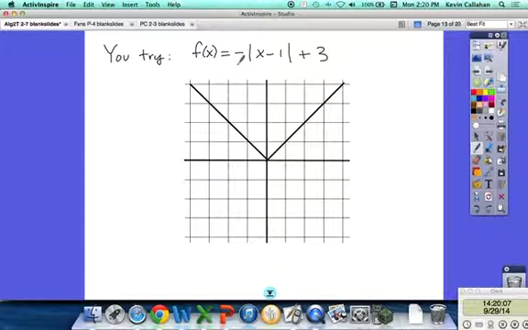Okay, so try to sketch that graph. Flip. Right. Up. Go to the point, and then sketch yourself a V. Which direction is the V going to open? Because it's flipped, it'll open down.